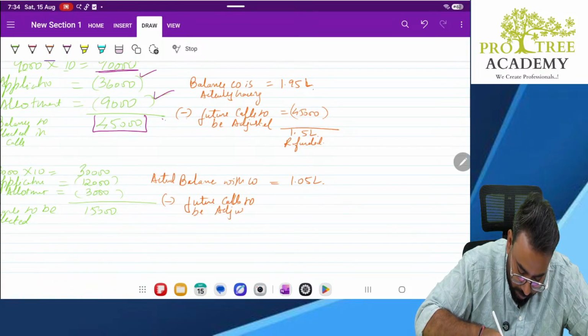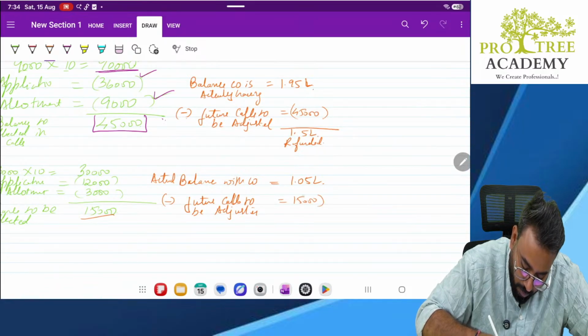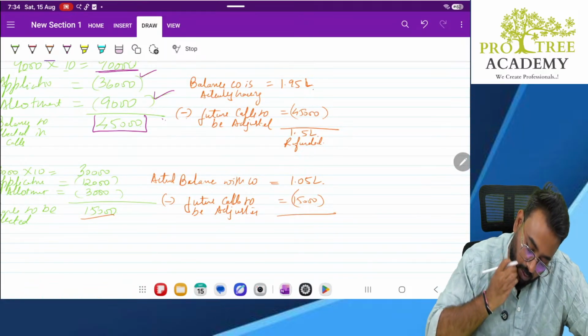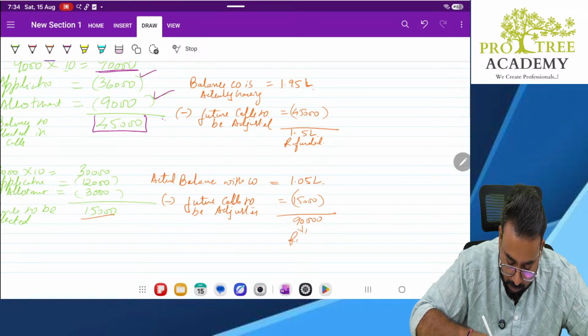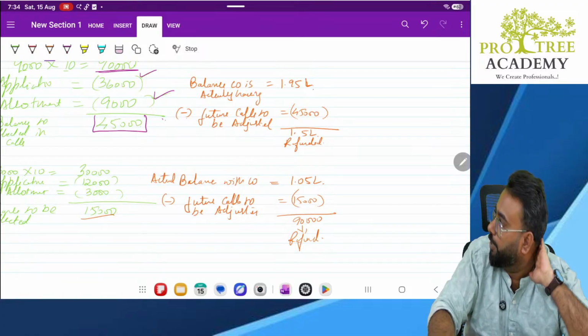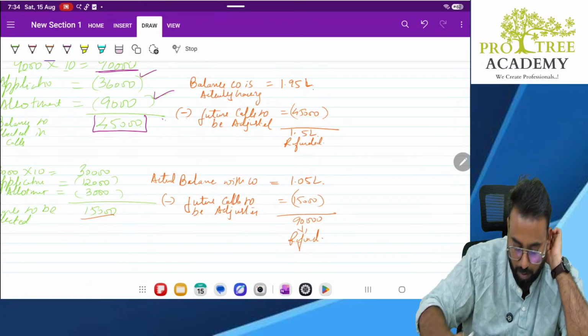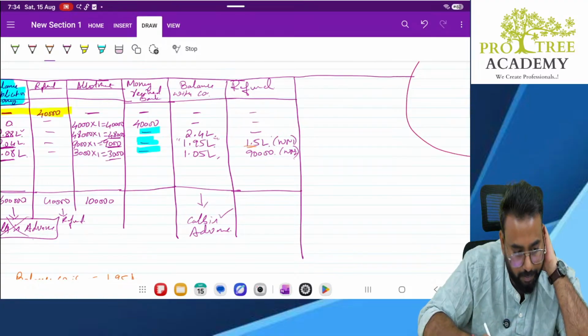How much is that? Only this 15,000, correct or no? So what is remaining? 90,000. Refund it. We need to refund it because we can't do anything with that 90,000. Clear? Yeah. So that is this working refund.